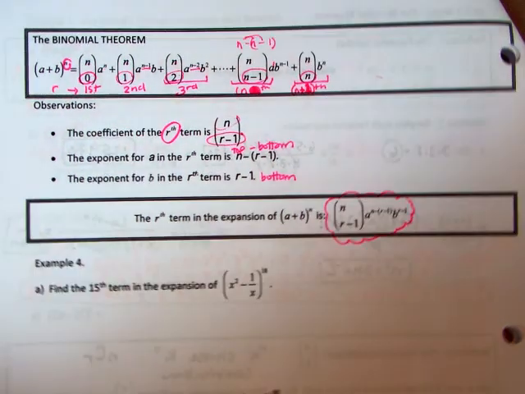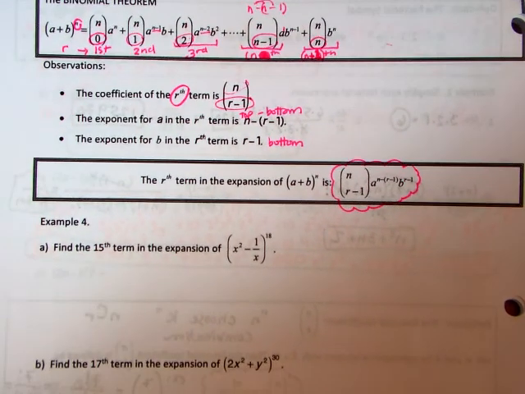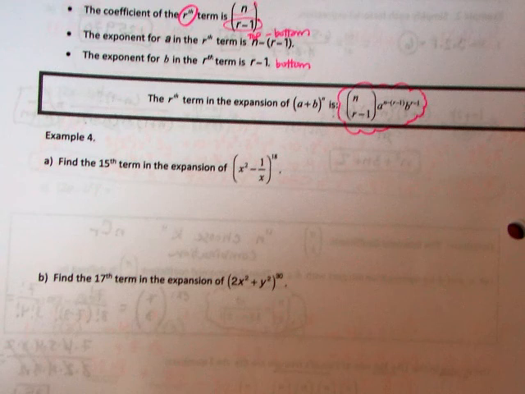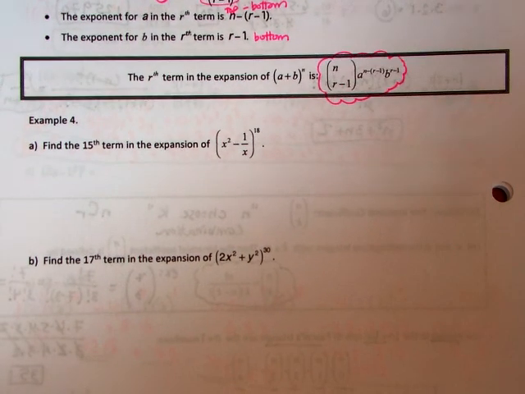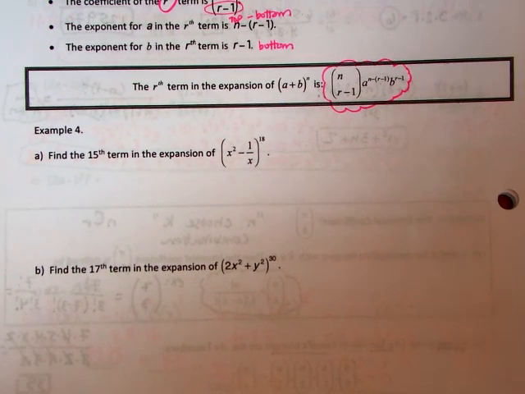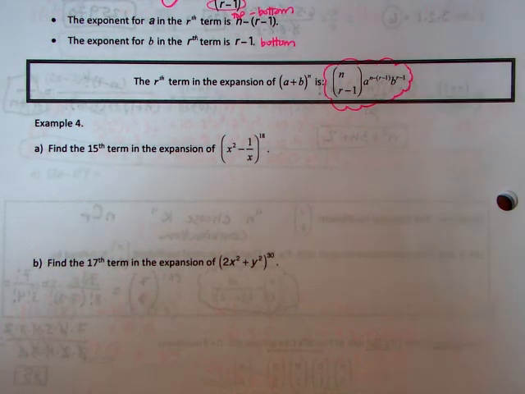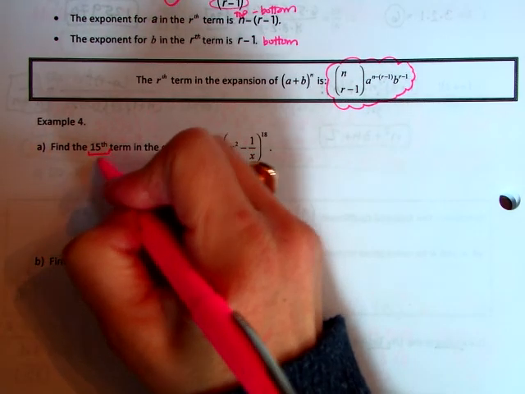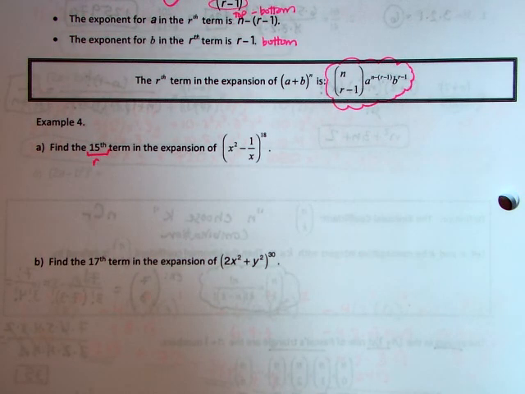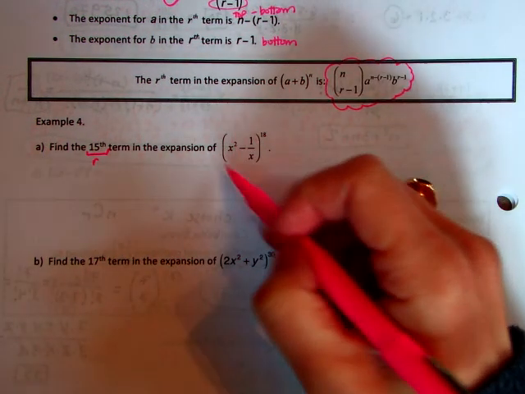So here we go with an example. It wants us to find the 15th term. That is r. Let's define our other variables. This whole thing is a. This whole thing is b. And this right here is my exponent, so that was n.